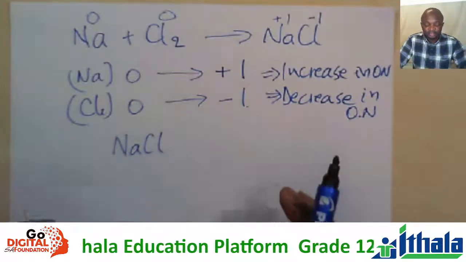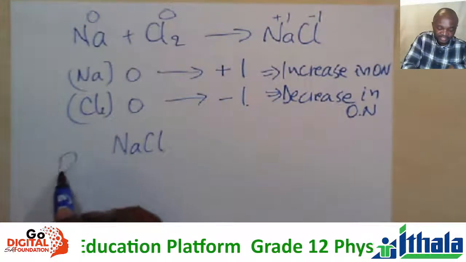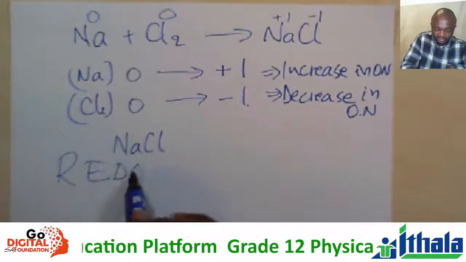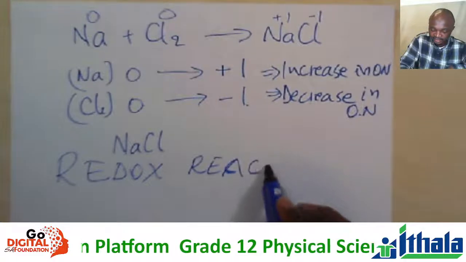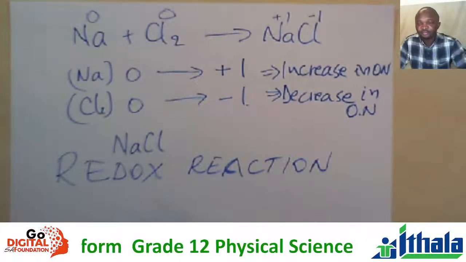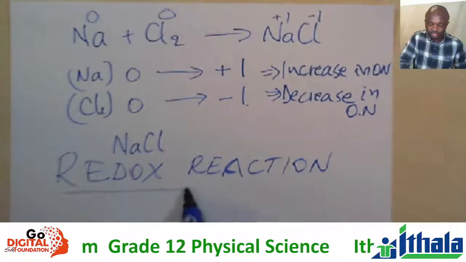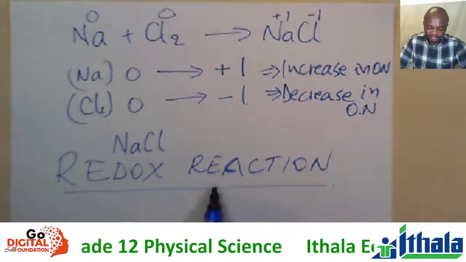So this takes us to a chemical reaction called what? It is called a redox reaction. A redox reaction is simply a reaction whereby there is a transfer of electrons. In a redox reaction, there is a transfer of electrons, when you have to define this one.